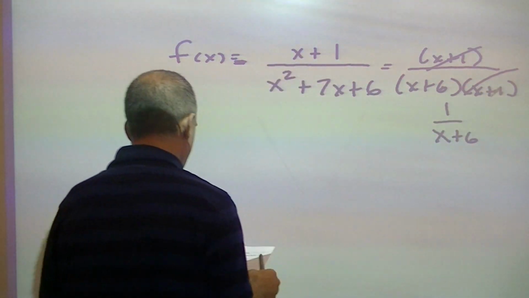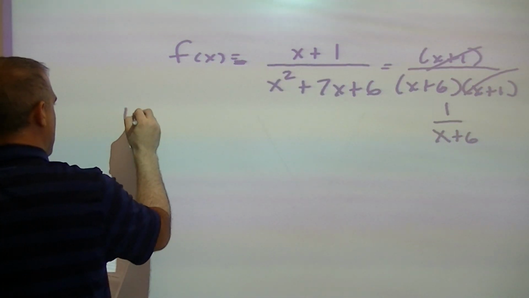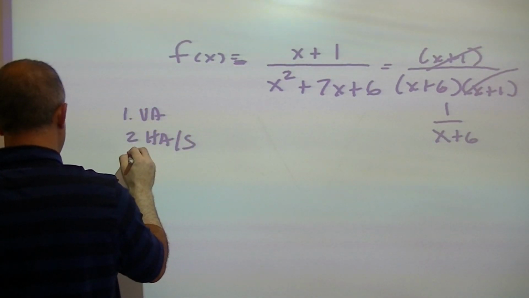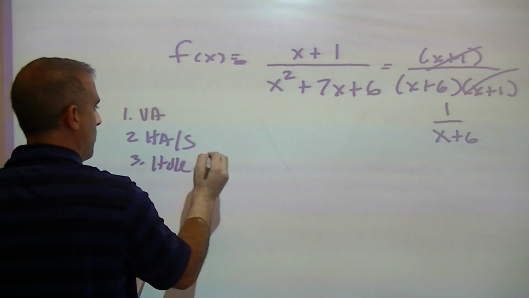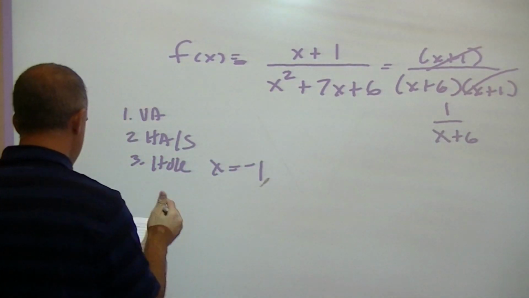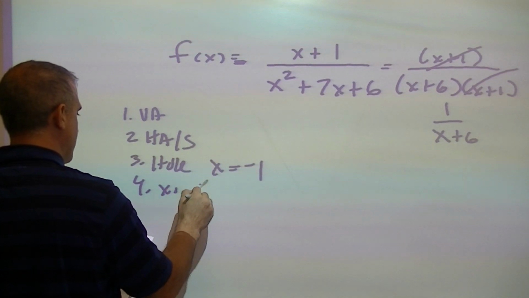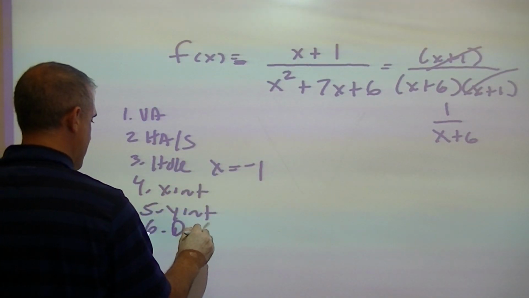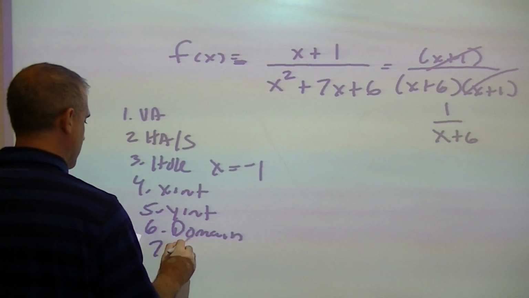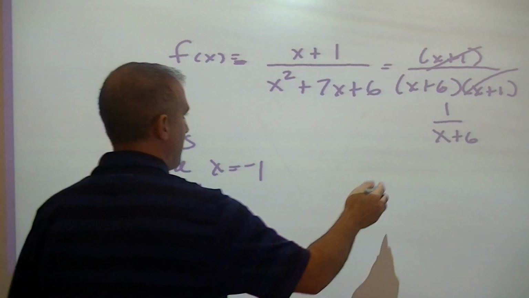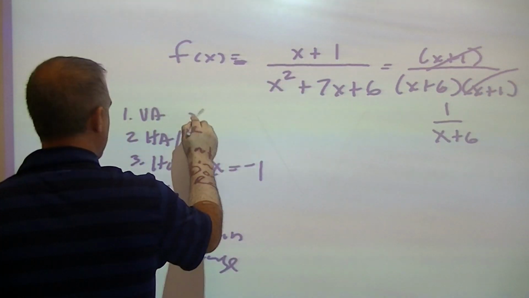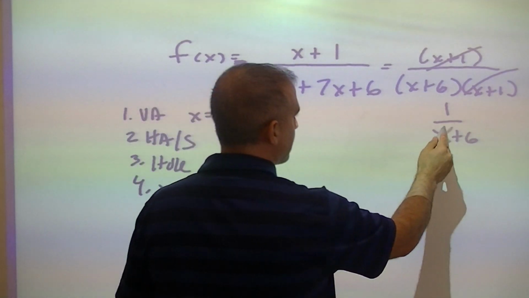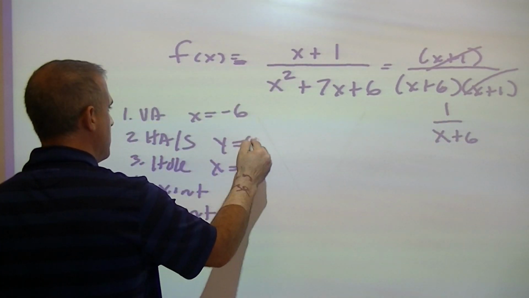That's going to be my hole. So 1 vertical asymptote, 2 horizontal asymptote or slant, 3 hole. Hole will be x equals -1. Then x-intercept, y-intercept, domain, and range. My vertical asymptote is going to be x equals -6. My horizontal asymptote, since the x is bigger than that, would be y equals 0.